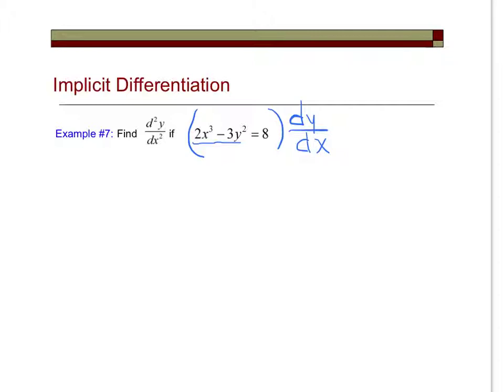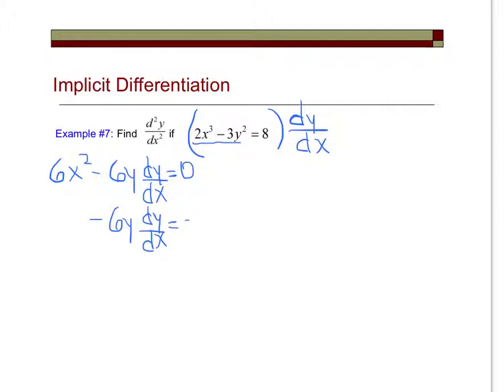So when I look at the first part, I would get 6x squared, and that's in terms of x, minus 6y dy/dx. And the derivative of 8 is 0. Now we want to get the dy/dx by itself, so I have -6y dy/dx is equal to -6x squared. Divide by -6y, and I would end up with x squared over y is the first derivative.